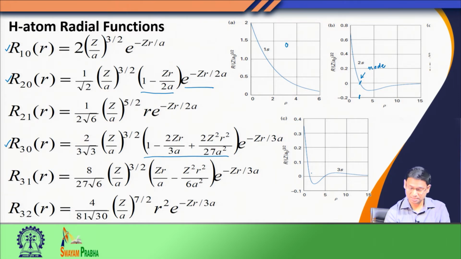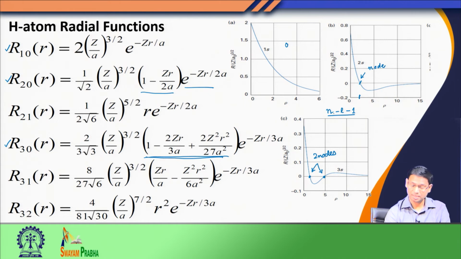In case of 3s, I see that there are two different places where the wave function will become 0, and how would I get that? It is simple. I just have to take this polynomial and find its roots, and I would see that there are two values of r where this will become 0. So, 3s again has two radial nodes. We saw that the number of radial nodes turned out to be n minus l minus 1.